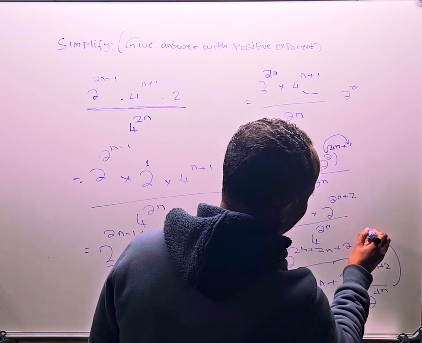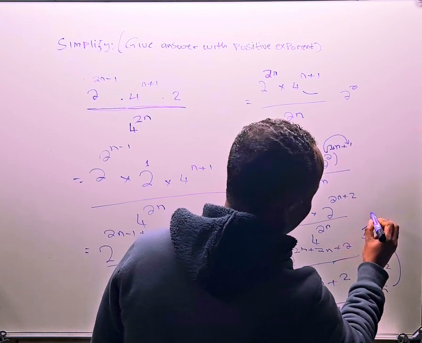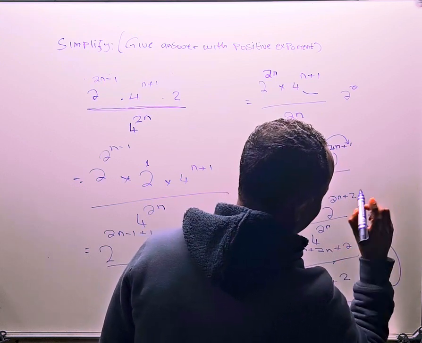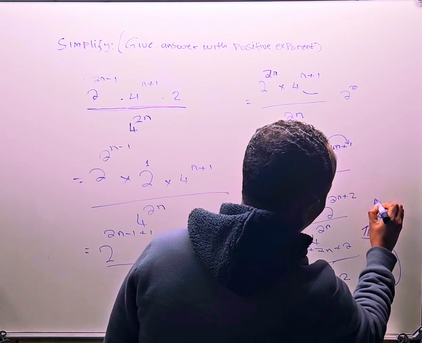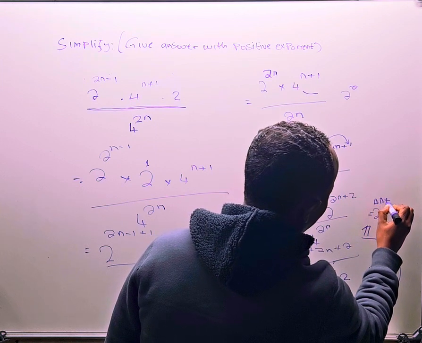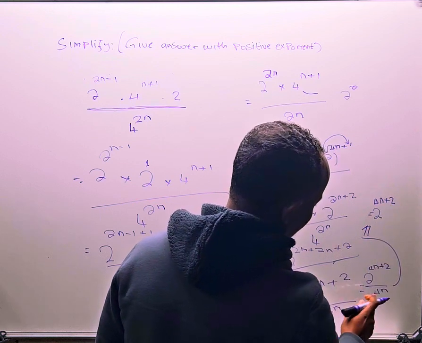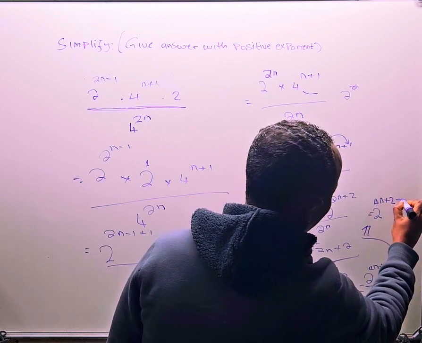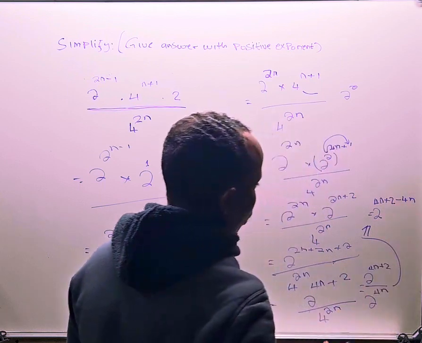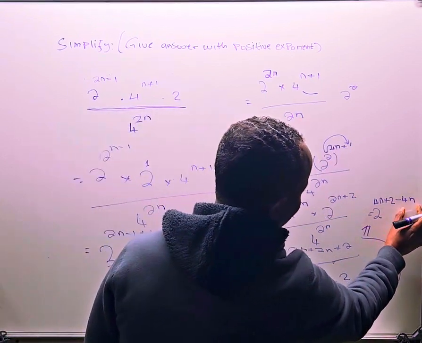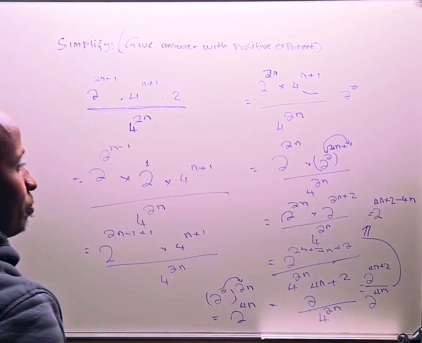Therefore, this equals, just taking one base, 2 to the power of 4n plus 2, straight take minus 4n. It's always much safer to put in bracket, but now no need.